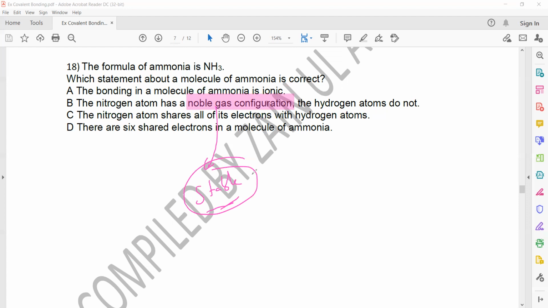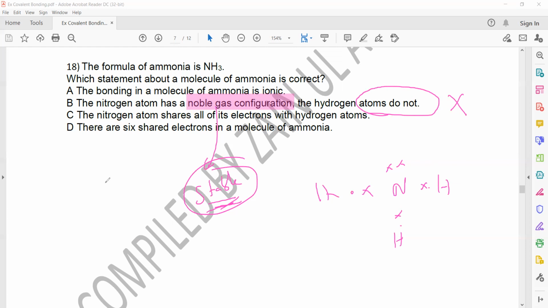So because nitrogen is forming a bond with hydrogen, nitrogen atom as well as hydrogen atoms all are stable. But in this statement, what they're saying is nitrogen atom has noble gas configuration or nitrogen atoms are stable, but hydrogen atoms do not, or they are not stable. That is the meaning. But it is wrong because whenever the bond is formed, both atoms gain stability or they become stable.